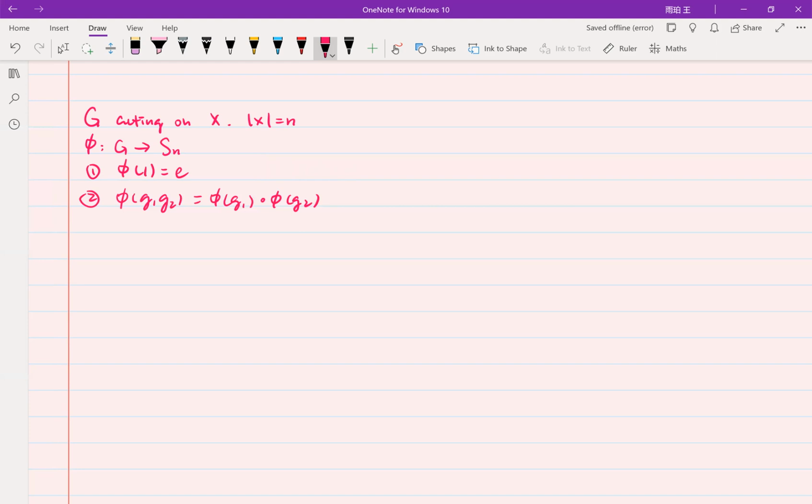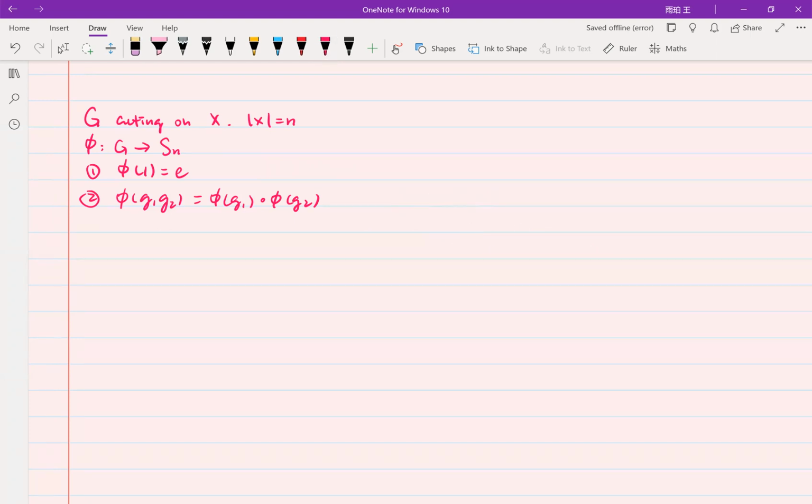So for instance, if phi of g2 of x equals y, and phi of g1 of y equals z, then phi of g1 composite phi of g2 of x would be equal to z.